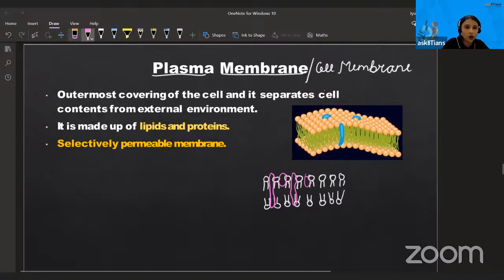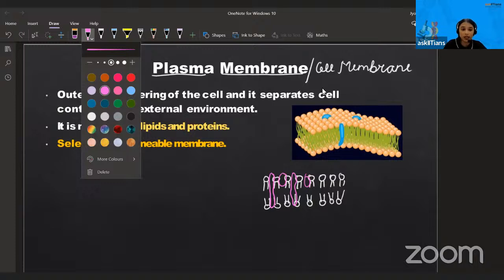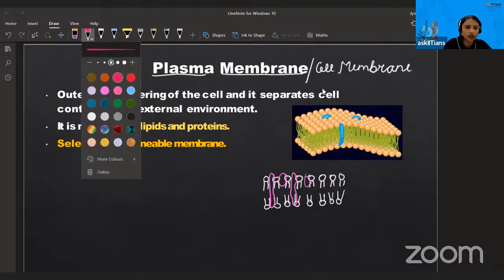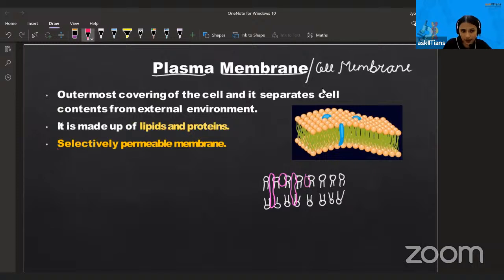Now, this plasma membrane is actually selectively permeable. That's why it is also known as selectively permeable membrane. So, what is the meaning of selectively permeable? See, there are some people who are very selective, who are very choosy. Similarly, our plasma membrane is also very selective.